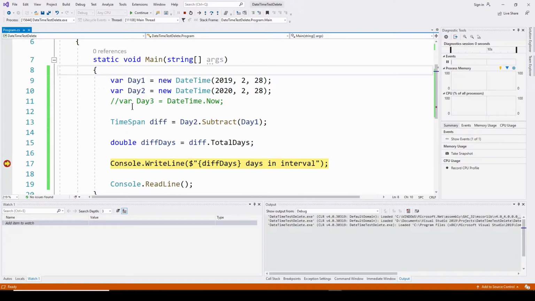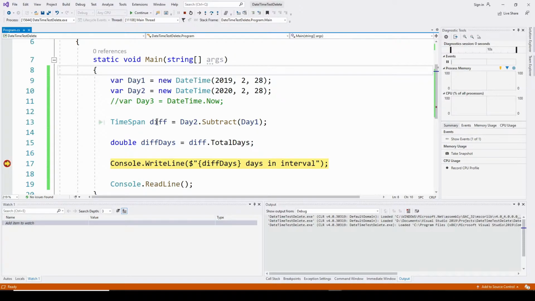Same thing with day 2, 2/28/2020 at early morning, midnight that day. If you see those 2 values, you think, well, obviously there are going to be 365 days between those 2 dates, right? Because it's exactly the same date, 1 year apart.